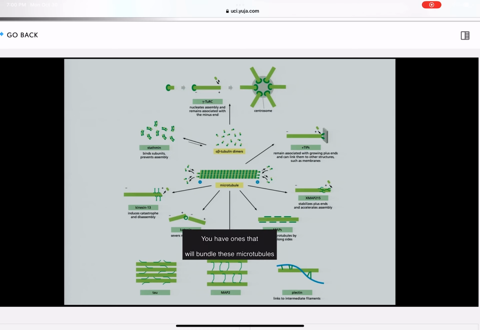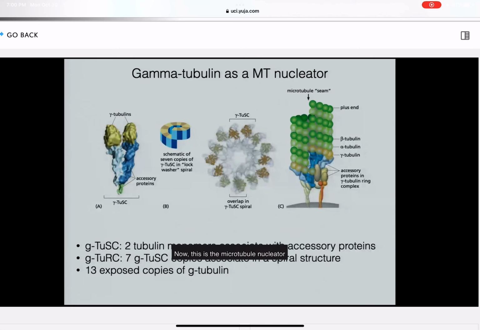You have proteins that stabilize or destabilize. You have proteins that sever microtubules. You have ones that will bundle these microtubules. And so just about any protein you could think of for actin, there's likely a microtubule counterpart. They're very similar structures in how they are assembled and disassembled. Okay? And so you need a lot of these proteins to help with that process.